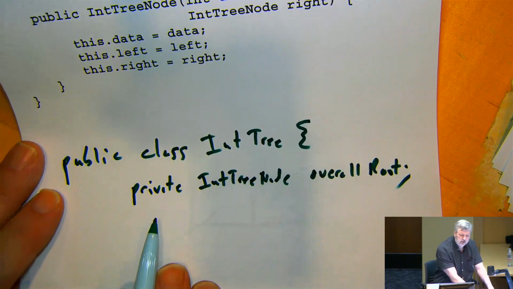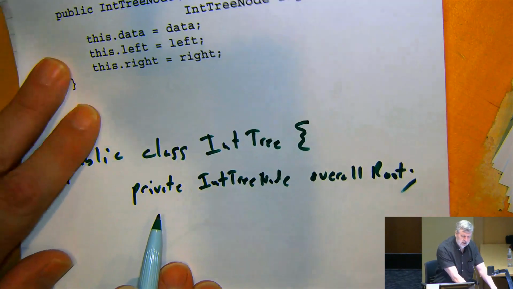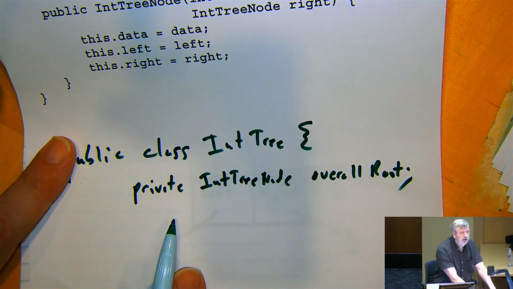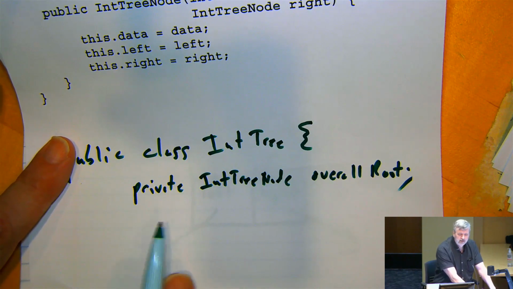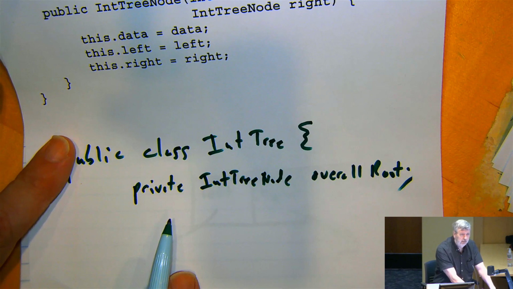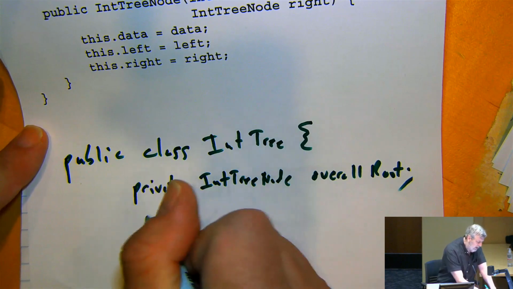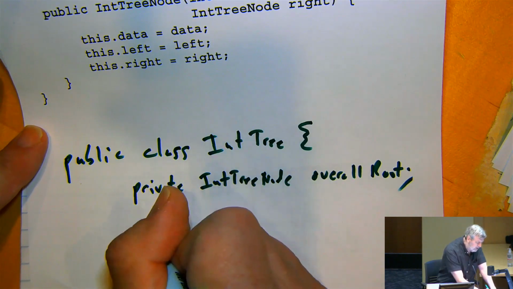I ask people for suggestions for other kinds of fields, and people often have interesting and useful suggestions. I mean, an obvious one is it would be nice to keep track of the size, to have some kind of an int field that would keep track of how many nodes there are in this tree. But I'm going to do the same thing that I did with linked lists, which is that I'm going to keep it really simple and just have this one field.